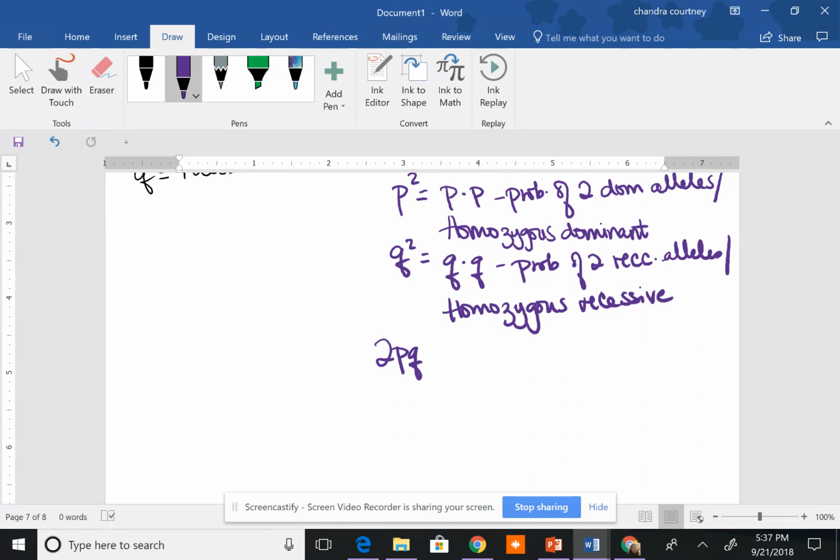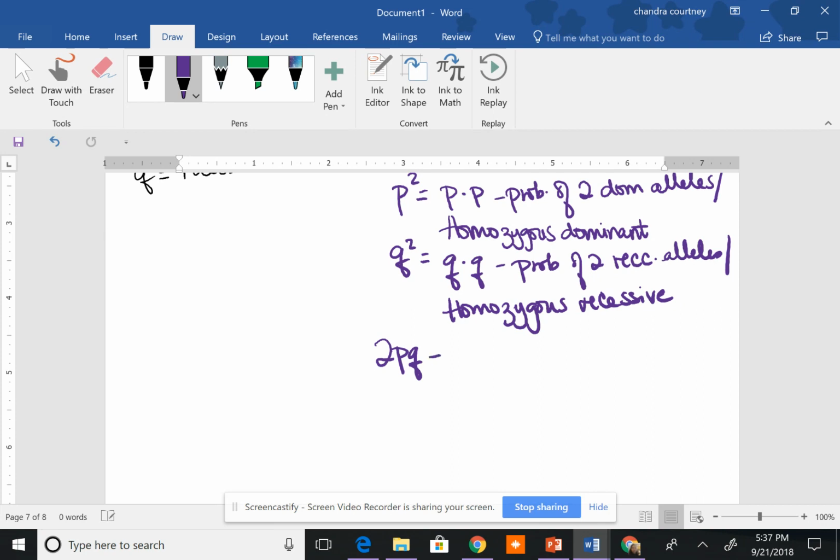So 2PQ, you have to think about it from two ends. You have a parent A and a parent B, and you have two possible outcomes. You can get a dominant allele or a recessive allele easily from either of them. And again, this is all random.